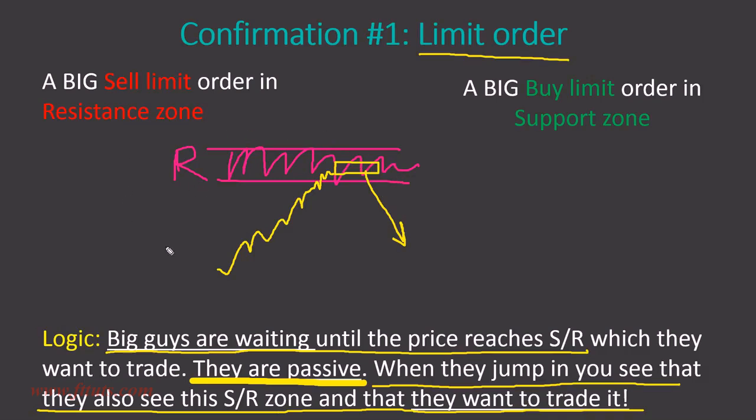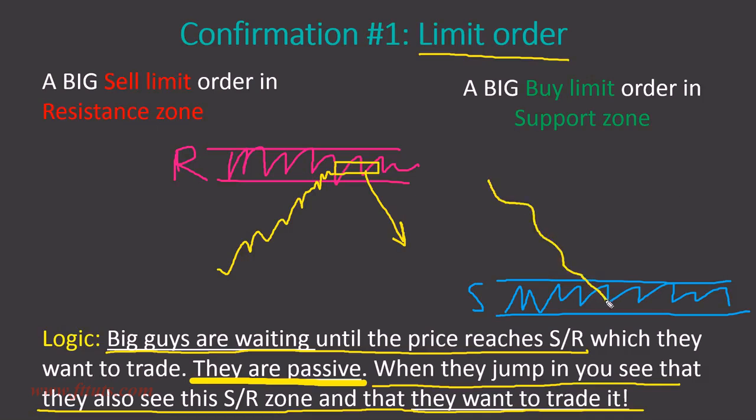Alright, so that's the short trade scenario. Now imagine there is a support. This support could be, for example, based on volume profile or order flow, any way you prefer to find support zones. And the price is heading towards the support zone.